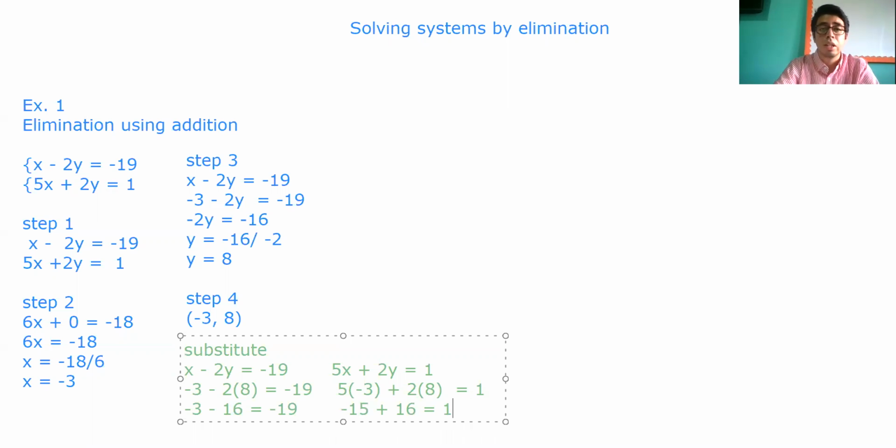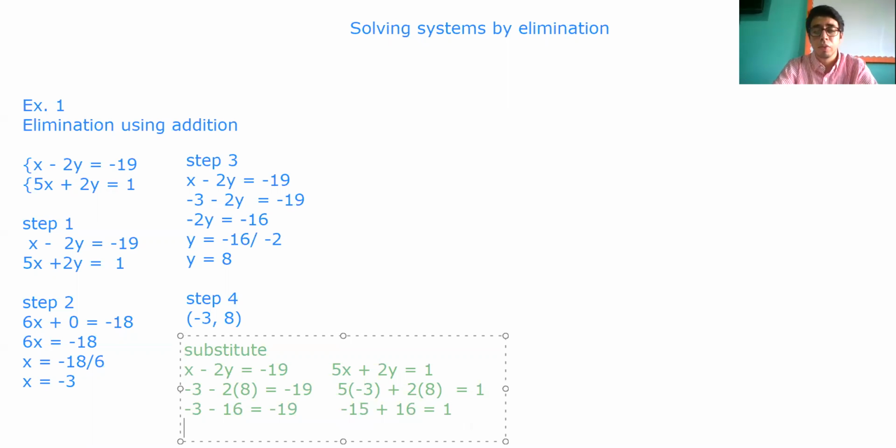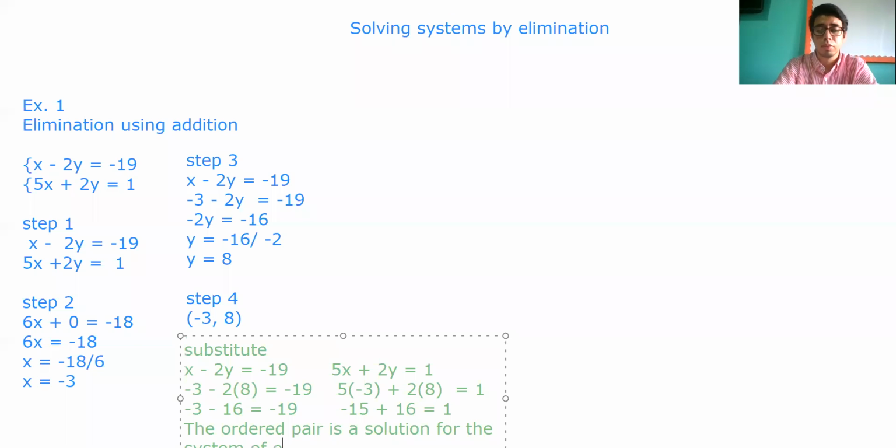So we can say that the ordered pair is a solution for the system of equations.